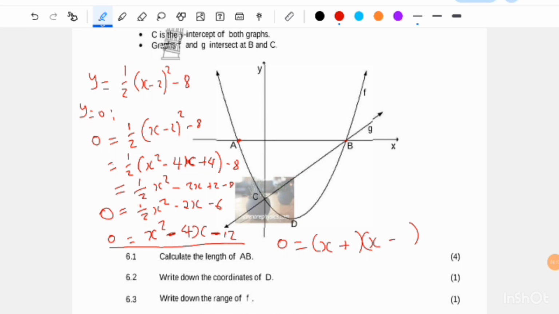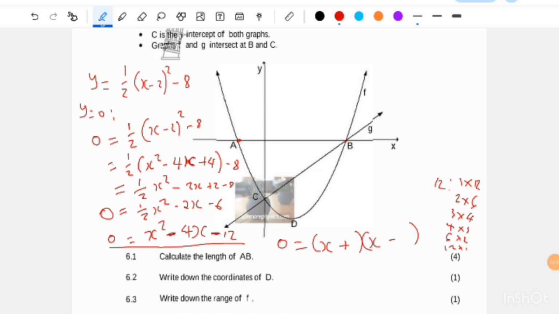It's guaranteed. Now you look for factors of 12. Factors of 12 are 1, 2, 3, 4, 6 and 12. The multiples are 1 times 12, 2 times 6, 3 times 4, 4 times 3. So we're repeating ourselves here.